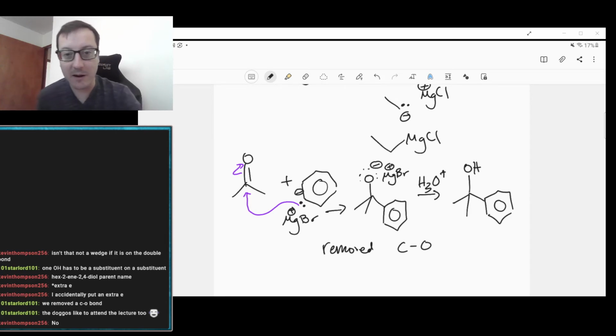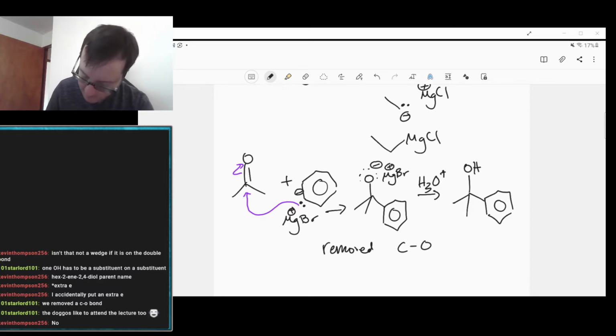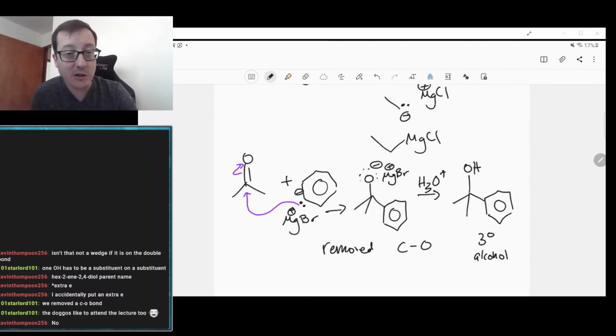So it's a great way to make tertiary alcohols. A ketone and a Grignard reagent will make a tertiary alcohol. And you'd expect an oxidation change of just 1. We're not adding any CH bonds, but we are removing a CO bond. So we are still reducing this.